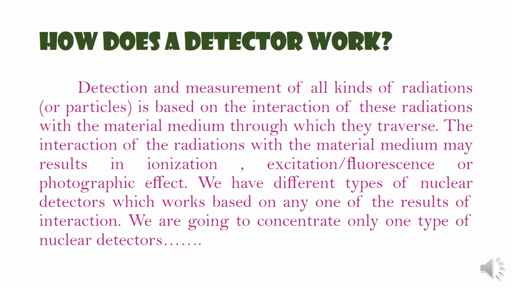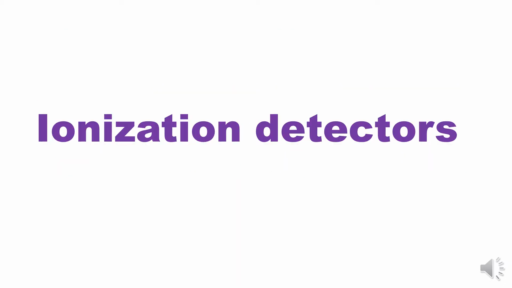Depending upon how the radiation interacts with the material medium, there are different types of nuclear detectors. Among these, according to your syllabus, we are going to discuss only one particular type of nuclear detector, which is nothing but ionization detectors. Now we are going to concentrate only on ionization detectors.